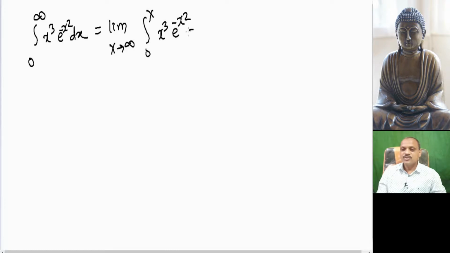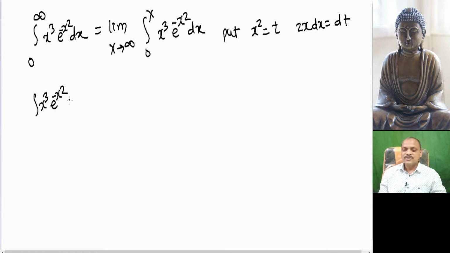Friend, here we put x square equal to t. If we put x square equal to t, 2x into dx equals dt. Hence, integration of x cube into e raised to minus x square into dx.